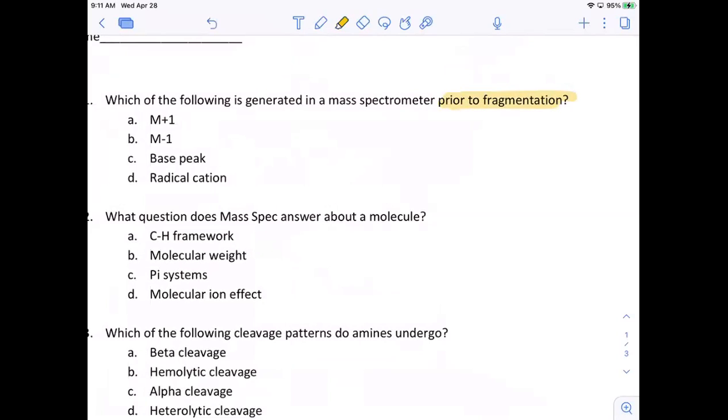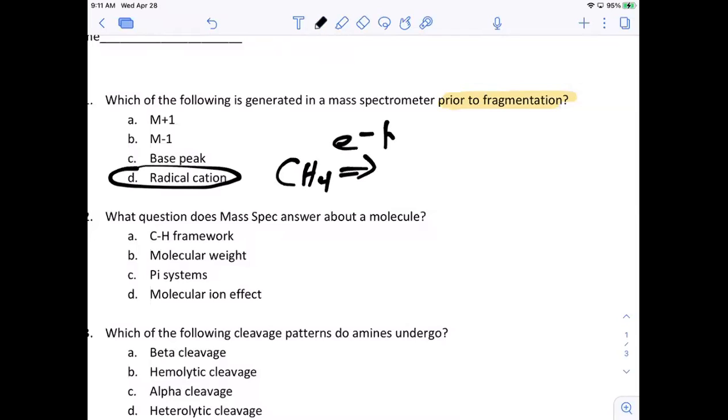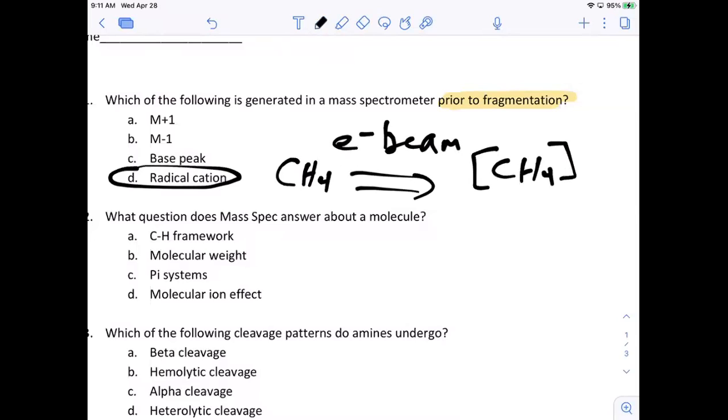Is it D? So it's the radical cation. If I start out with CH4 and I hit it with this electron beam, that's gonna kick out one electron from that molecule and give me this radical cation.